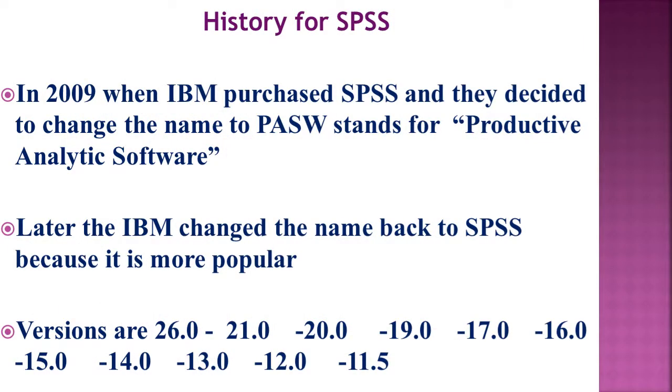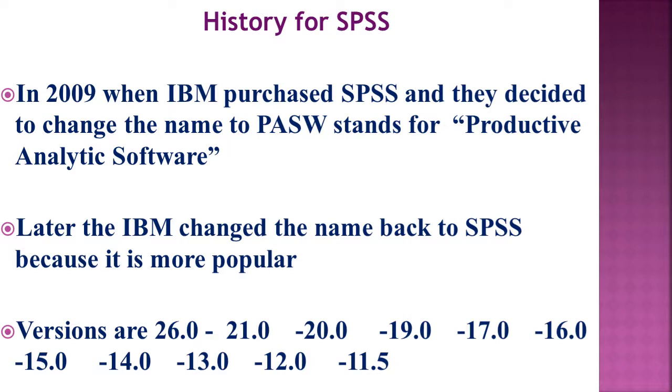The history of SPSS: in 2009, IBM purchased SPSS and decided to change the name to PASW, which stands for Predictive Analytics Software. Later, IBM changed the name back to SPSS because it is more popular.